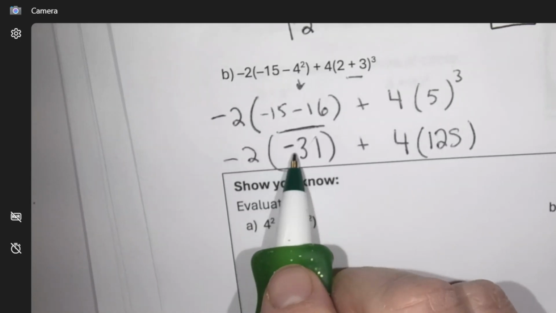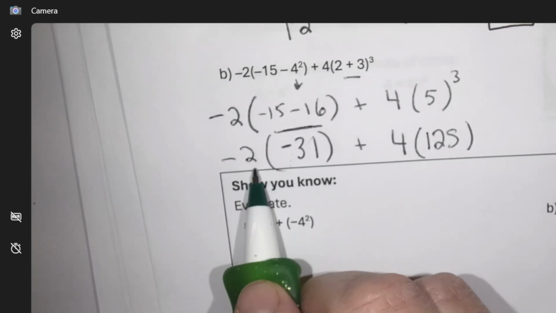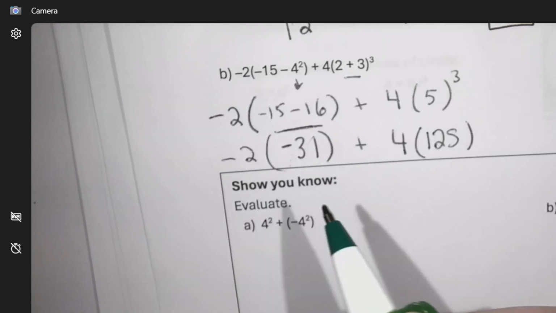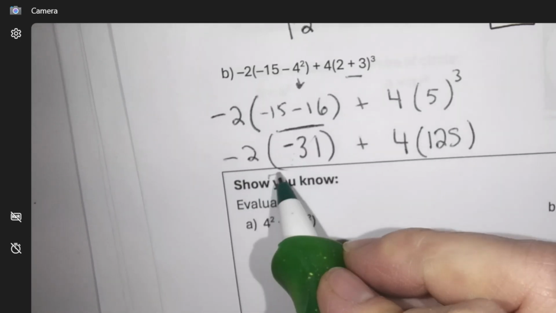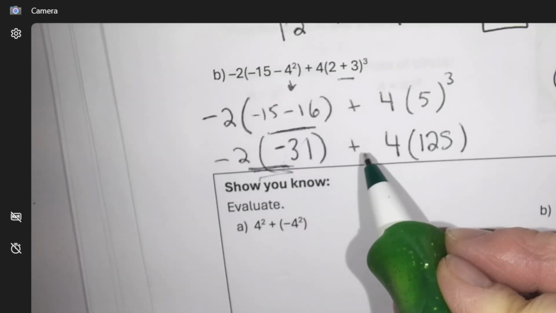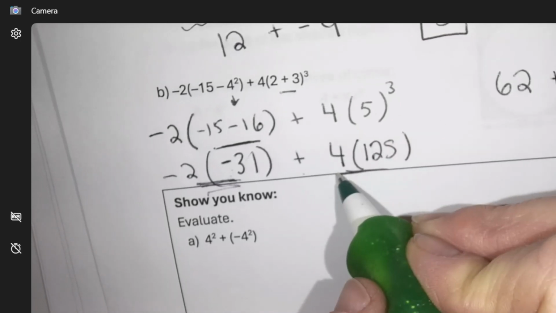Let's do these timesing. Is this positive or negative now? Positive 62. Wait, adding? Those were timesed. So I times those. So 62 plus, and I need you to times these.